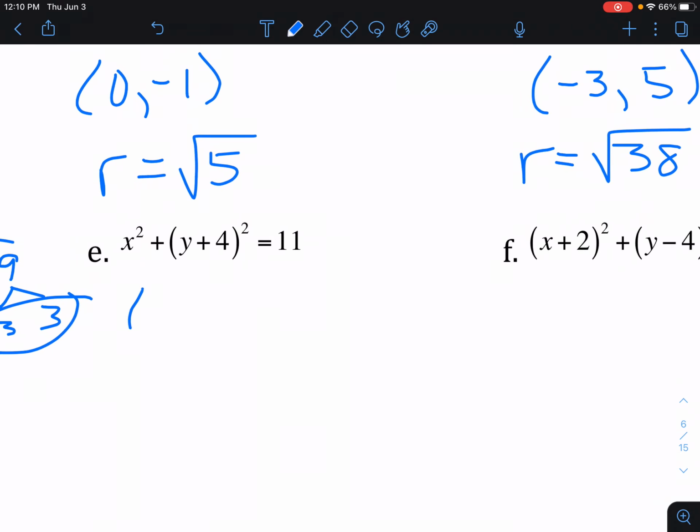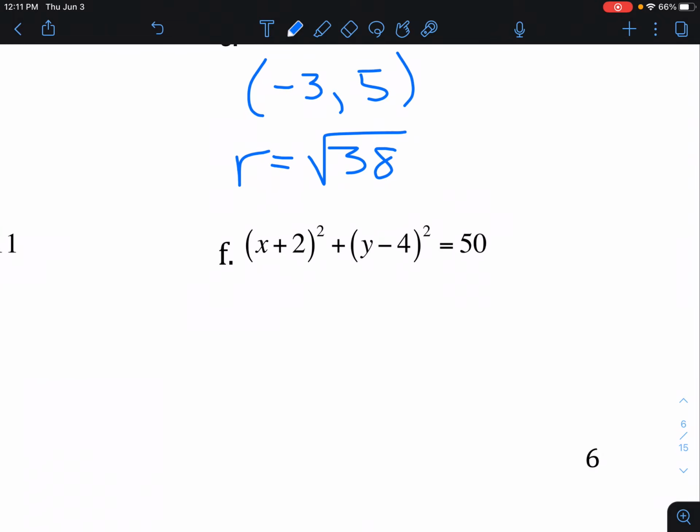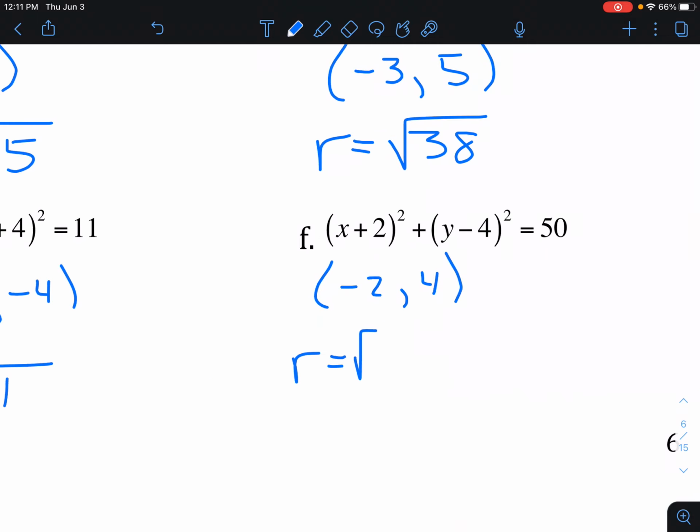Letter E, the center here, very easy, 0, -4, and the radius, square root of 11, which does not simplify. And letter F, the center is -2, 4. And then the radius, I got to take the square root of 50.